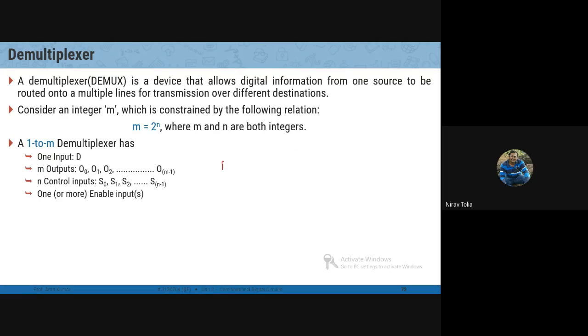The demultiplexer is also known as a data distributor.